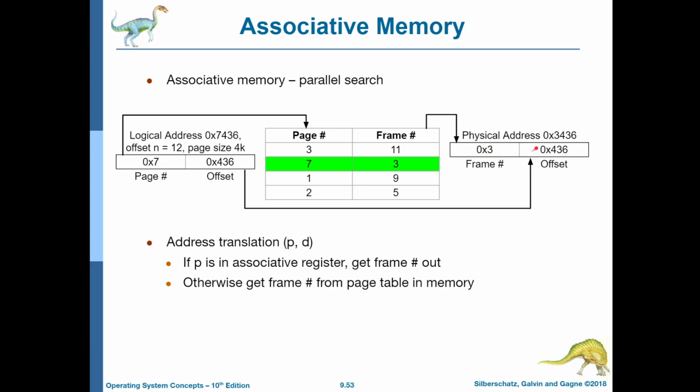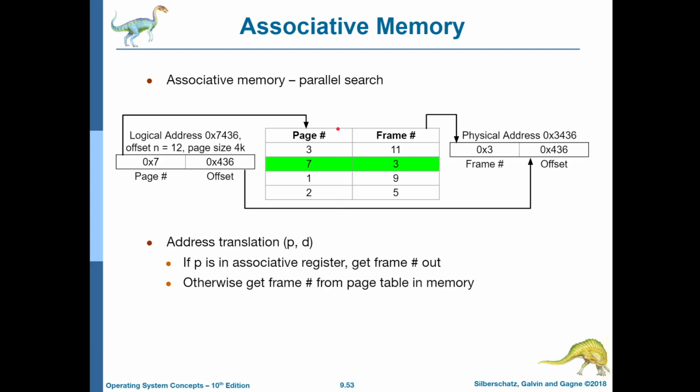Now our physical address is the frame number combined with the offset, giving us a physical address of 3436. Again, this search is done in order 1 time. It is constant time, and the memory is able to handle this.